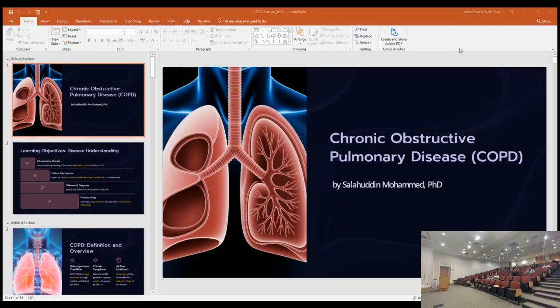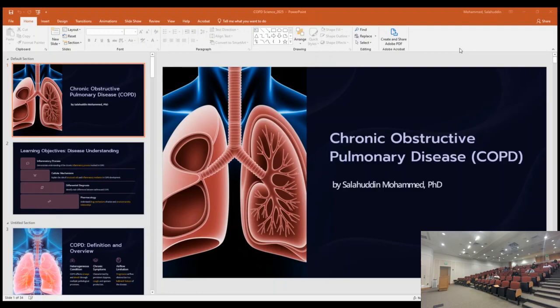What can explain hypoxemia and hypercapnia? Loss of surface area. So that should be your answer. How are you guys feeling?